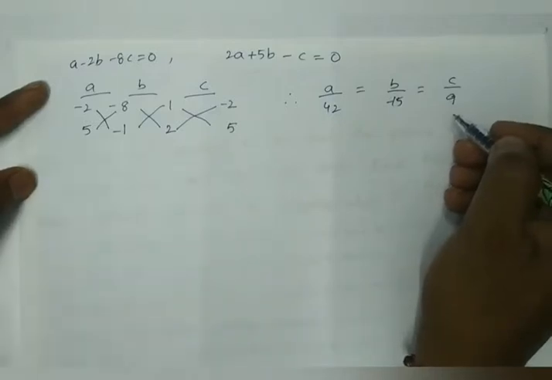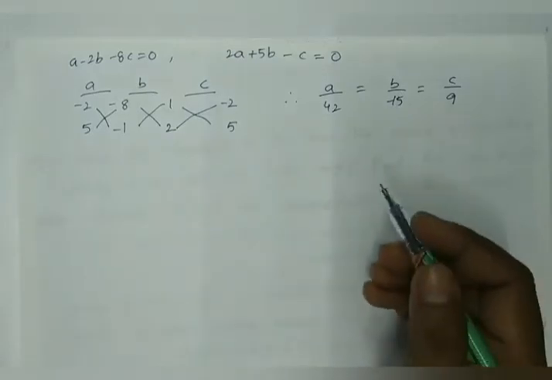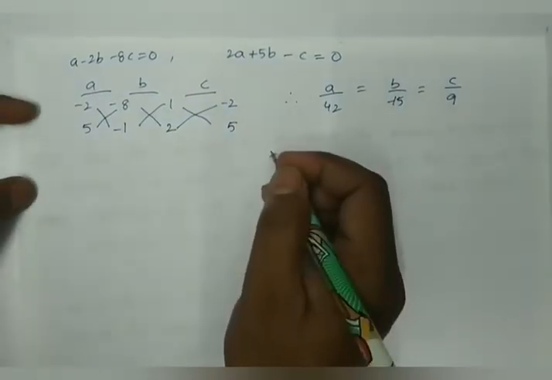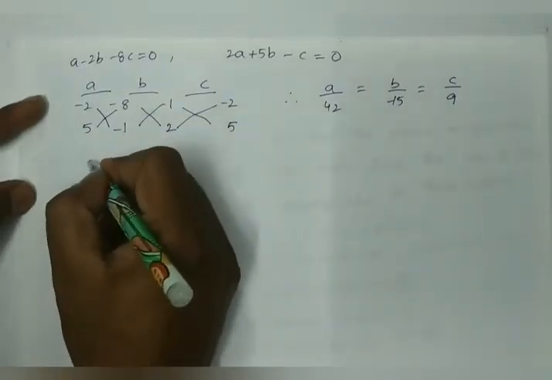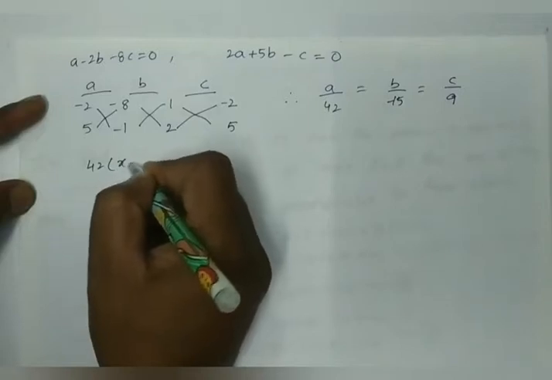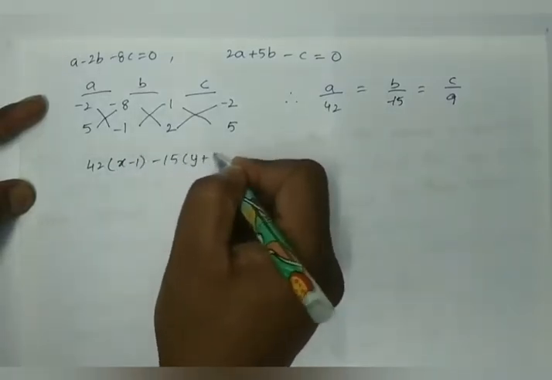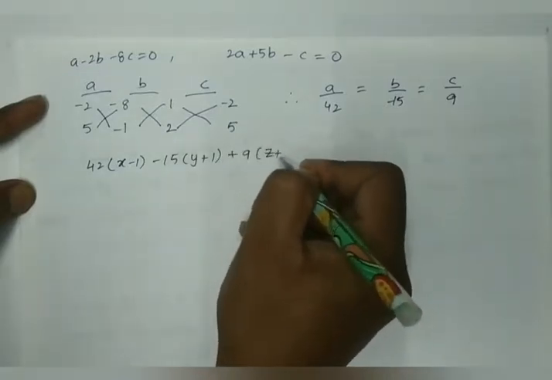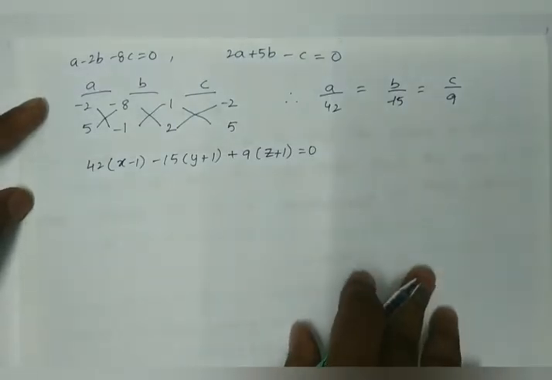Now let us substitute these in equation 3. Therefore equation 3 becomes 42 into (x minus 1) minus 15 (y plus 1) plus 9 (z plus 1) is equal to 0. Now let us simplify this equation.